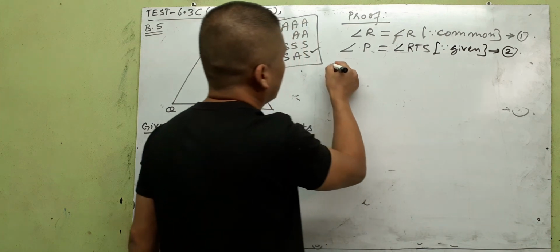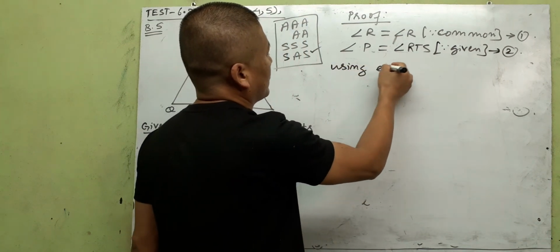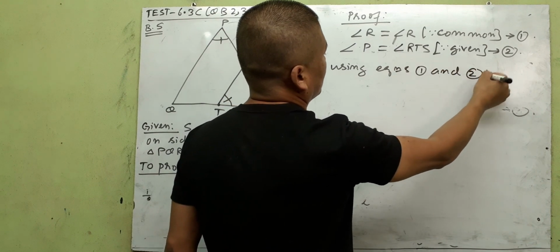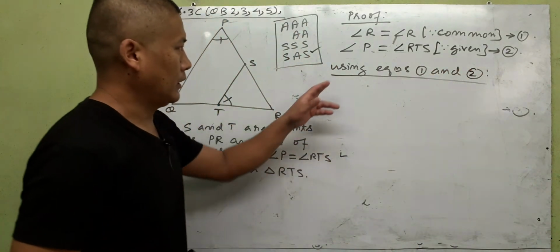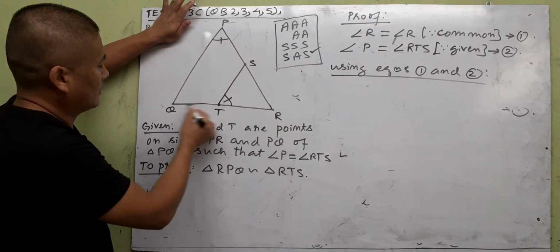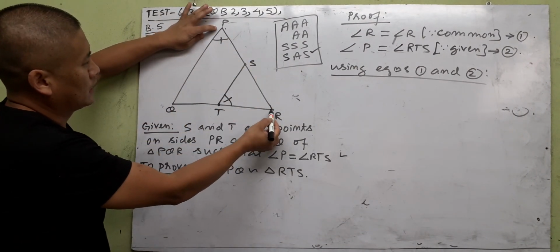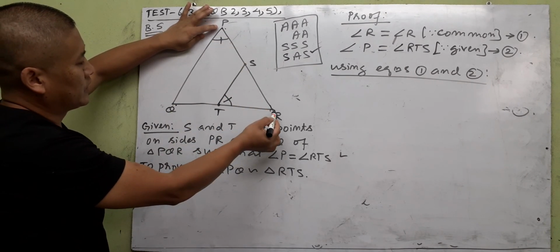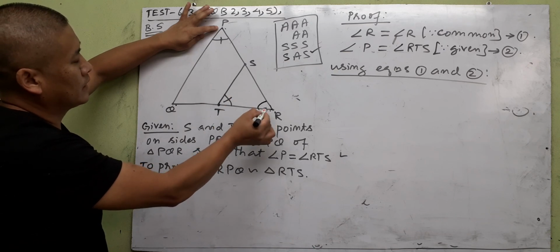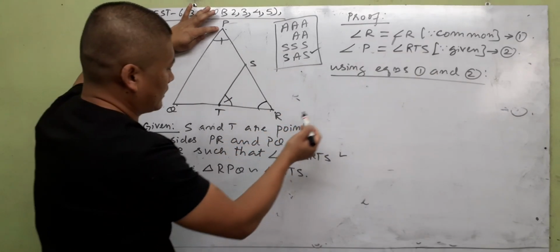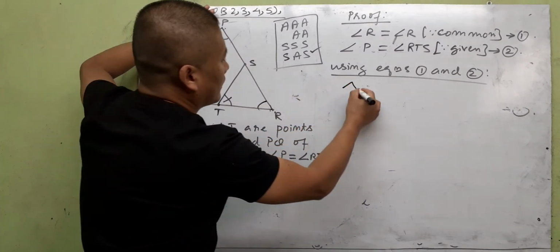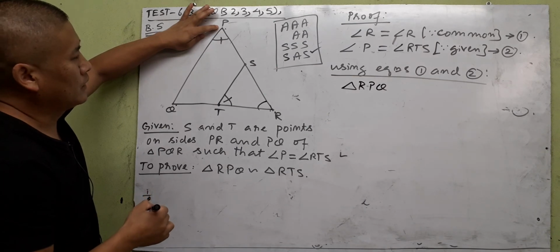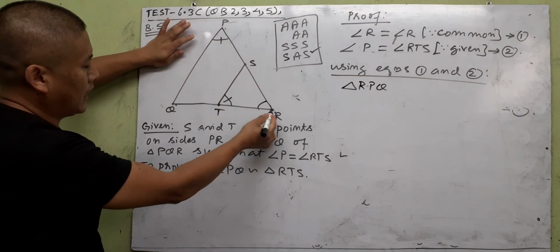So using equations 1 and 2, take RPQ, the bigger one, and RTS. Now this angle R inside this big triangle RPQ is equal to angle R in the small triangle RTS.